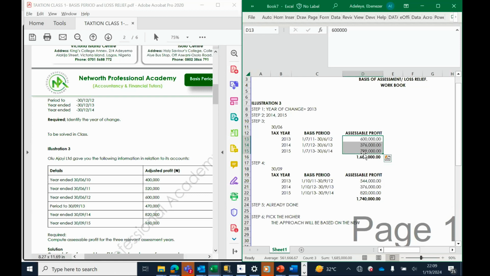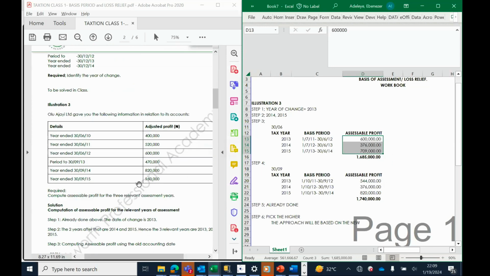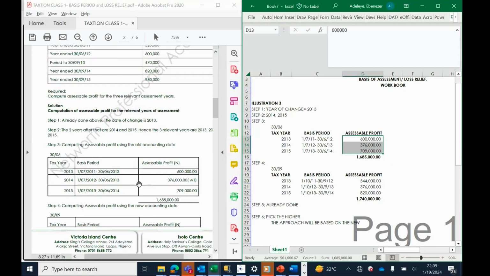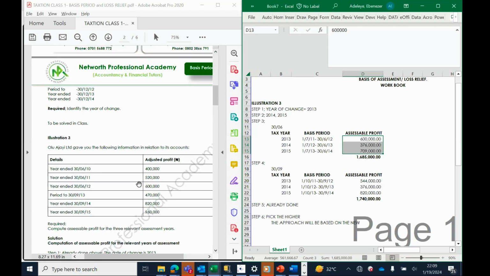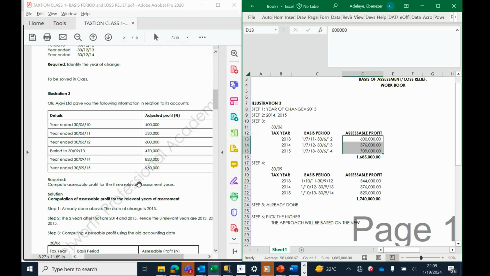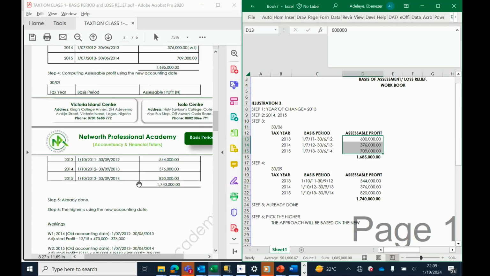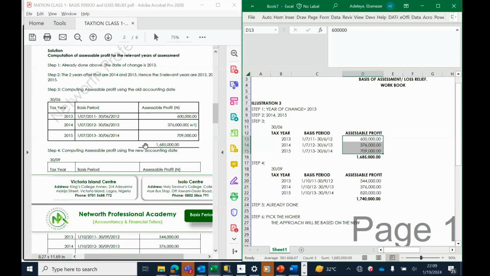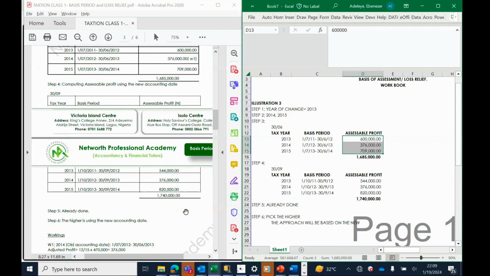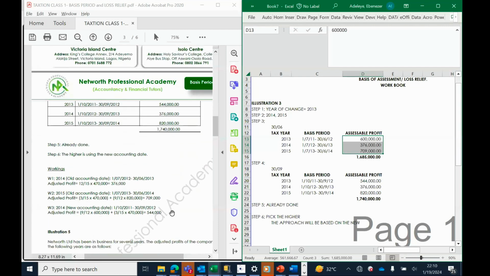Let's take a 2 minute break. Then we can take the final question. Then I'll just introduce loss relief and we are done for today. I think we have one more question here. Okay, so we are correct. The solution for this first one is in the manual that I sent to you, and the workings are also there.